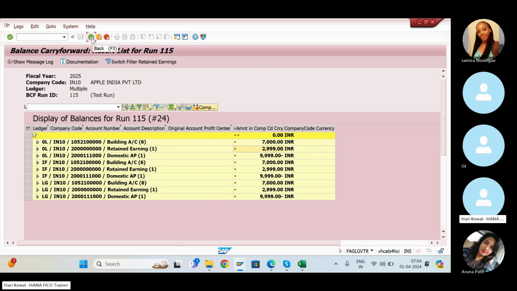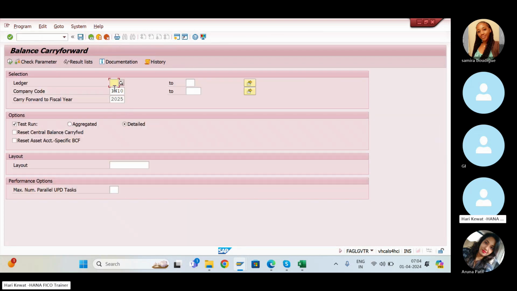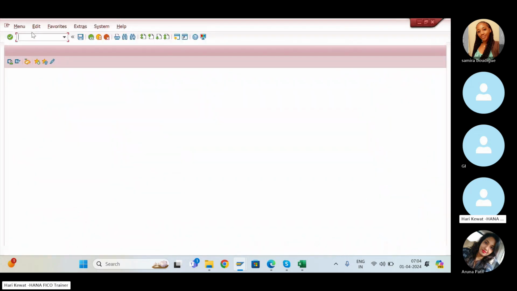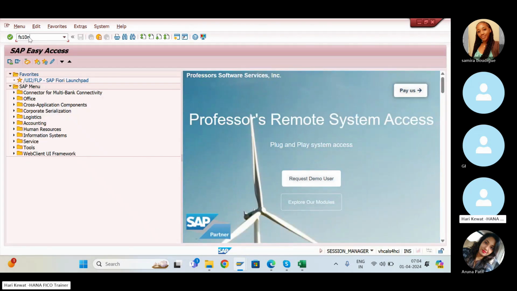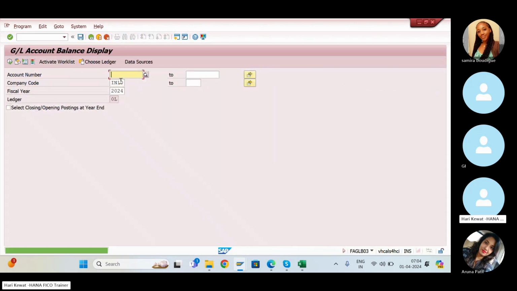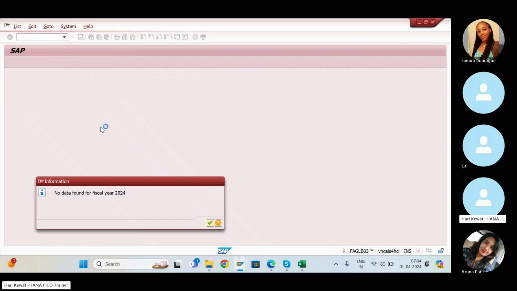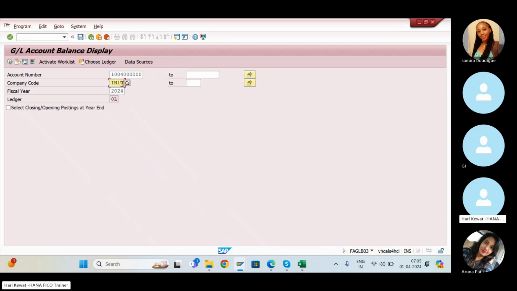I'm not running it now because I'm using this company code for some testing purpose, but this is how it works. If you want to see the opening balance, it will show here. I'll teach you all this in detail, but I'm just trying to tell you. Right now I have not run it, so let me check the opening balance in the US10 company code.